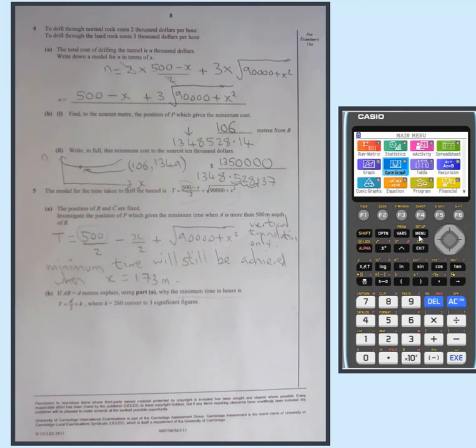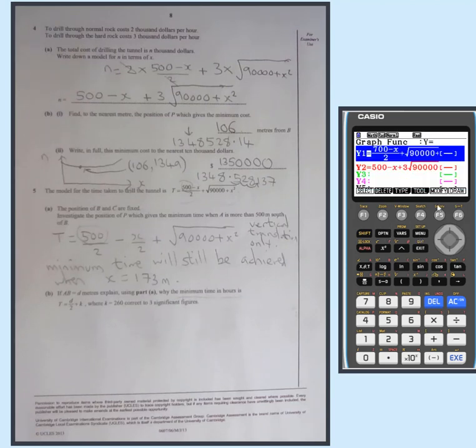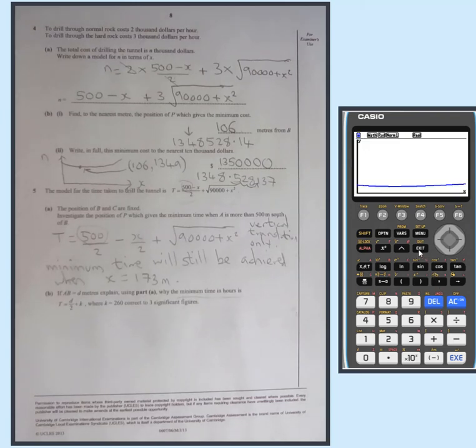When X is 173.205, we know the minimum time happens.